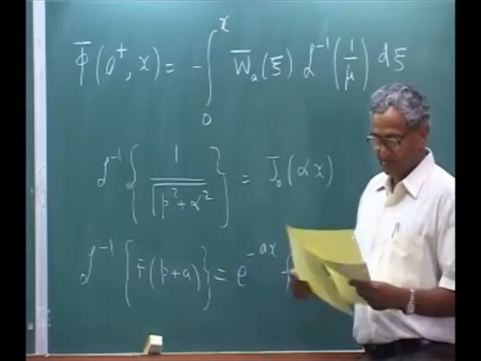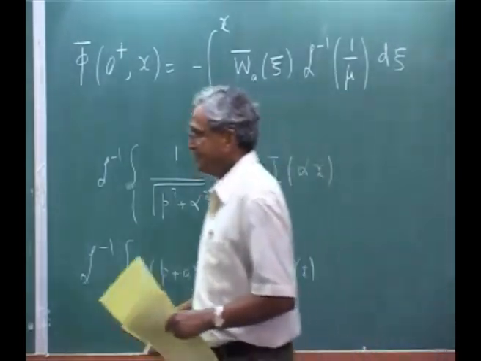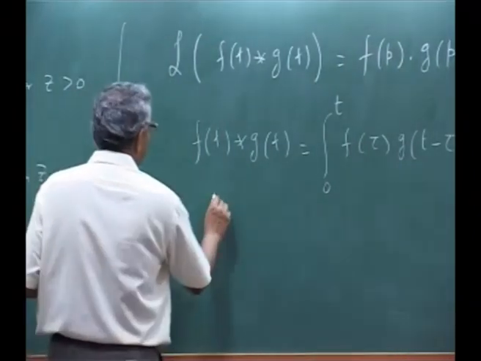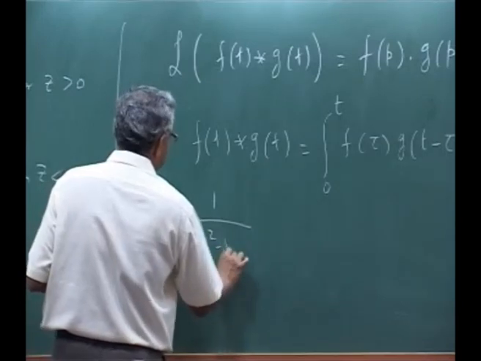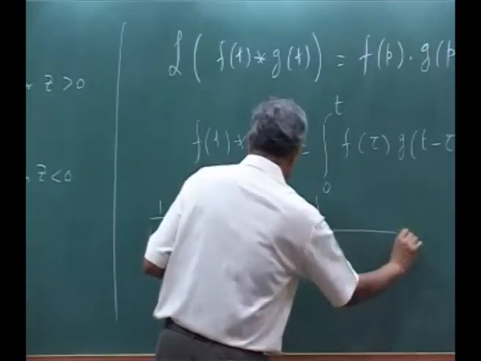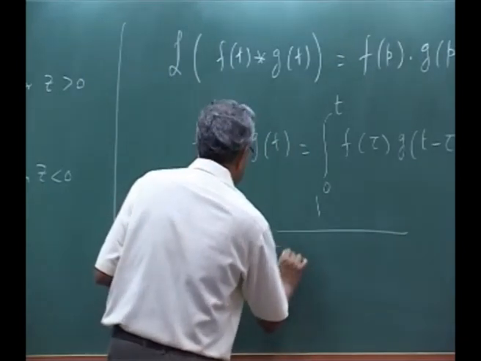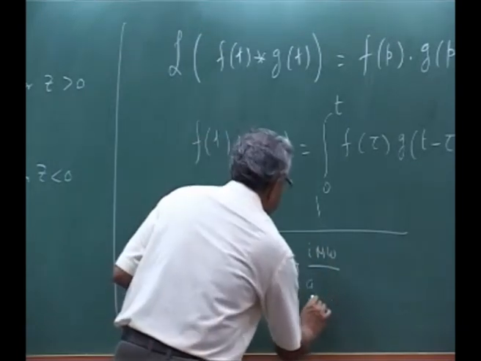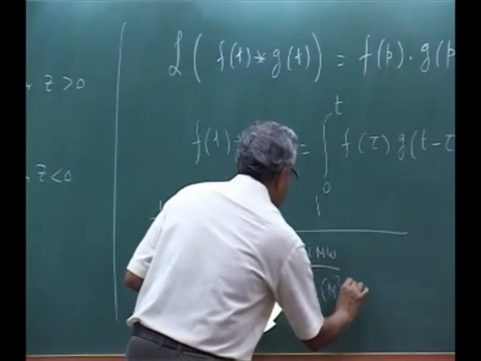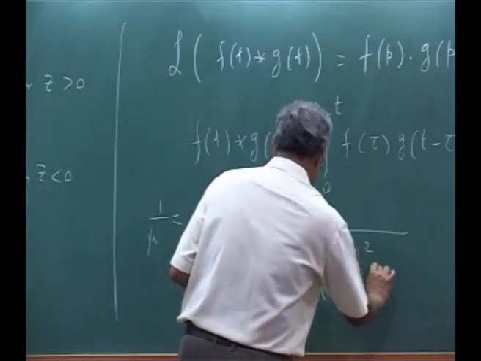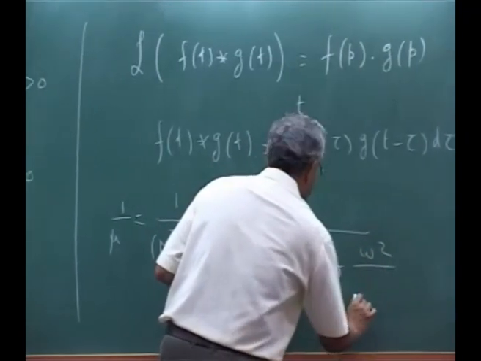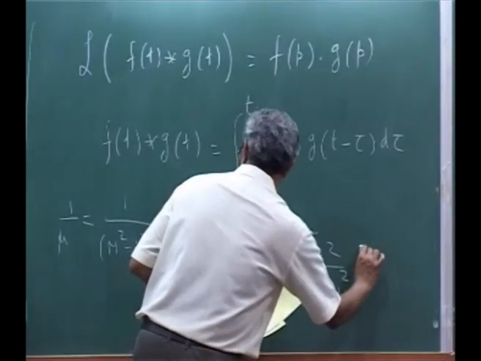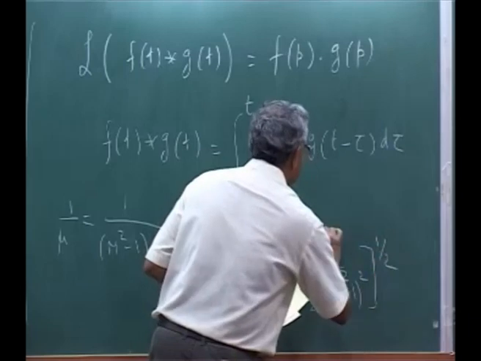Now the solution will be, because you know mu, I will write the expression for 1 over mu. 1 over mu is 1 over m square minus 1, divided by the bracket open p plus i m omega over a infinity m square minus 1, whole square, plus omega square over a infinity square m square minus 1 whole square, power half.